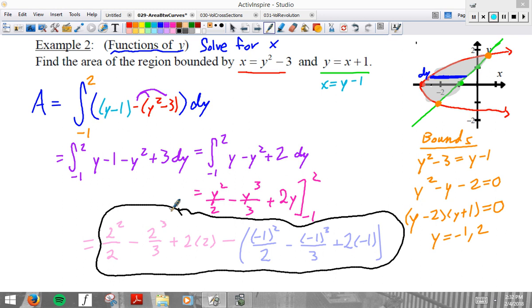Simplifying it might show you that you have a negative area, which you can't, and that would be a sign to go fix everything. So the easiest thing to do here: don't simplify it. Leave it like this. Get a numerical answer and stop. All right. Next.